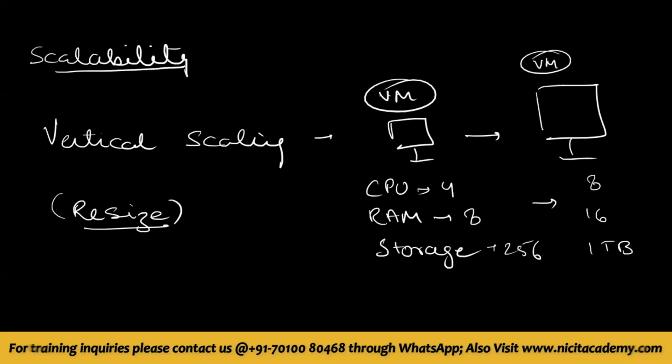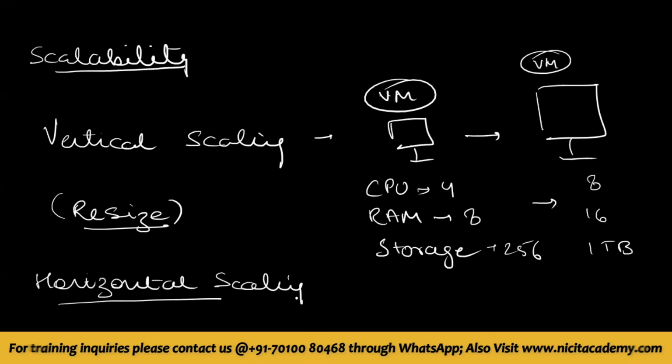So increasing capacity is vertical scaling. Whereas when you talk about horizontal scaling, if you had one VM like this, post horizontal scaling, you will have multiple VMs. So now we are not focused on increasing the capacity of an individual machine.